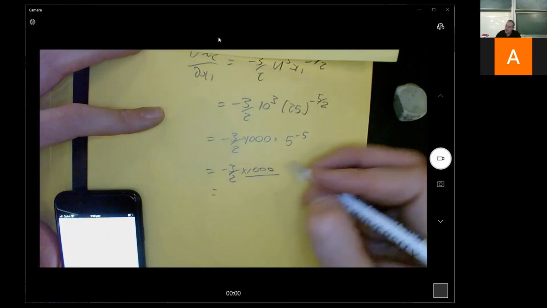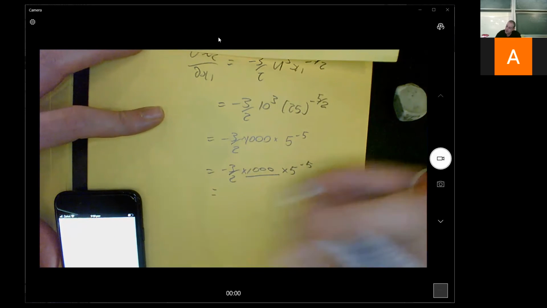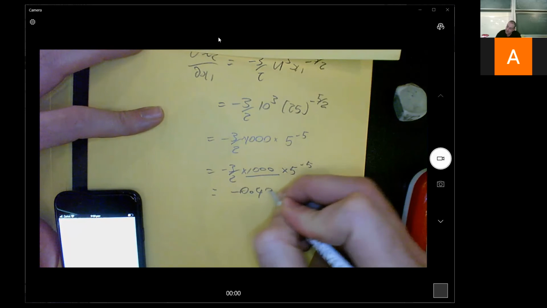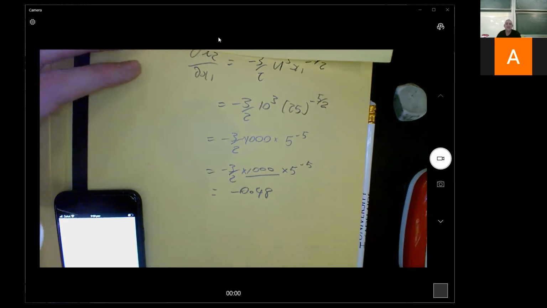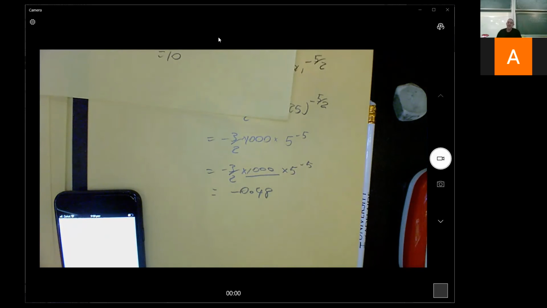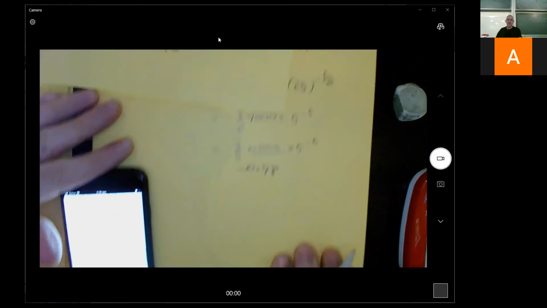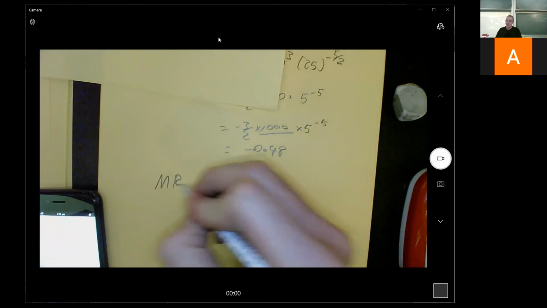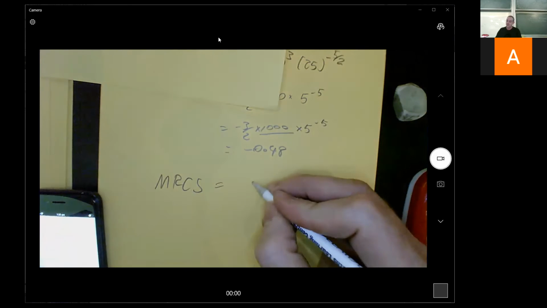Which is exactly, oh, gotta love it, minus 0.48. Yes! So it looks like the marginal rate of commodity substitution has two formulas.